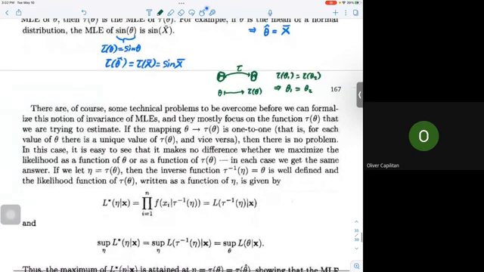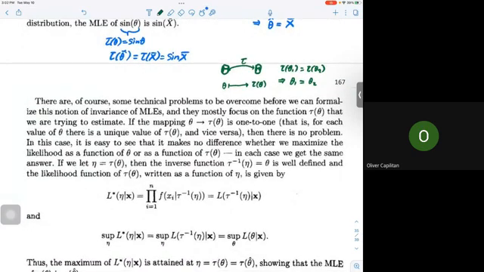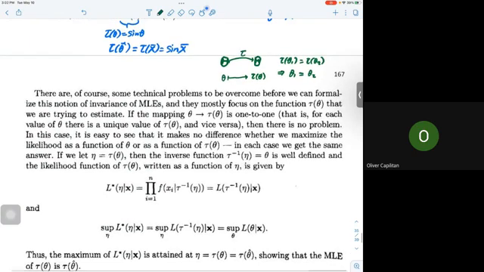So in this case, it is easy to see that it makes no difference whether we maximize the likelihood as a function of theta or as a function of tau of theta. In each case, we get the same answer.